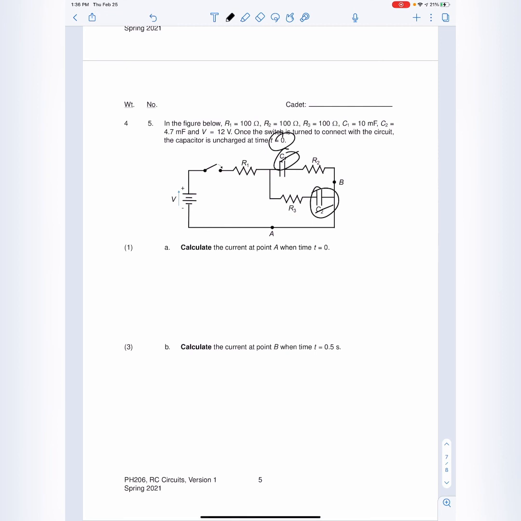Therefore, the only thing that the circuit is registering at time 0 is resistor 1, resistor 2, and resistor 3. So I'm going to put it right here.